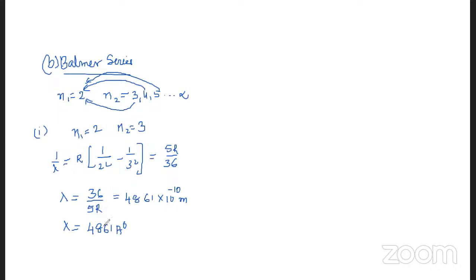That means whenever it is jumping from n equals 3 to n equals 2, it will radiate energy with a wavelength of 4861 angstroms. Understand? Now let's calculate the second case.